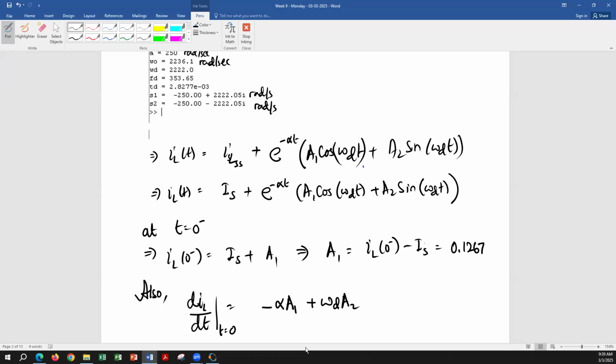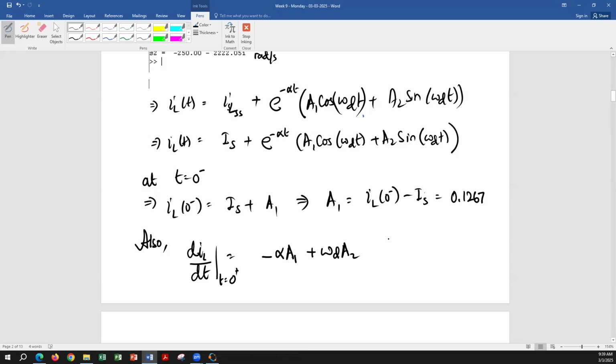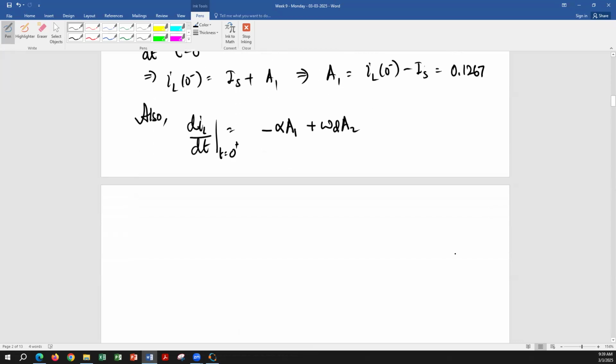Don't just memorize this equation. So negative alpha A1 plus omega d A2 at t equal to 0. When I plug in t equal to 0, I'm going to get this result. 0 positive, basically.